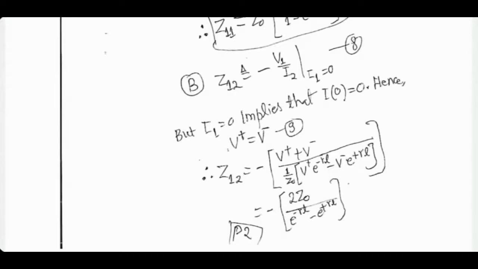So you simply get 2Z naught in the numerator and you get e to the power minus gamma L minus e to the power plus gamma L in the denominator. This is the answer, but we can further simplify it.